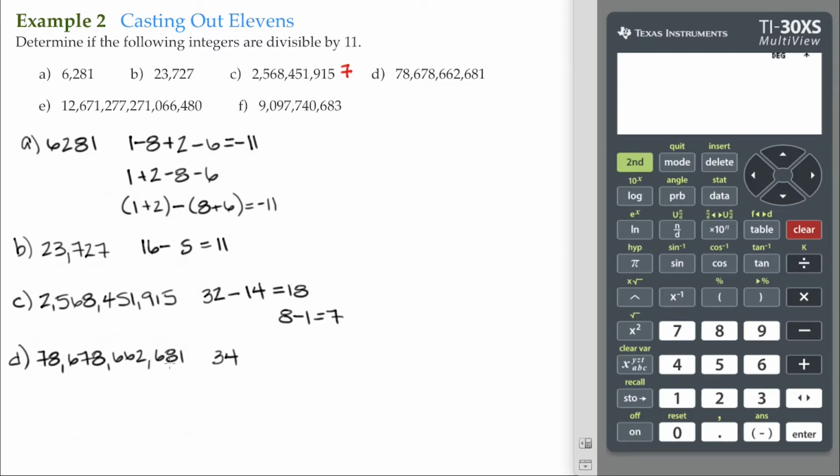We go to the next rightmost number, that's 8, and count back every other one. 8 plus 2 is 10, plus 6 is 16, plus 7 is 23, plus 8 is 31. And we subtract 34 minus 31, that's 3. So 11 does not divide into 78,678,662,681. If we were to divide it in there, it would have a remainder of 3. So I'm just going to put it in right up here. This will have a remainder 3.